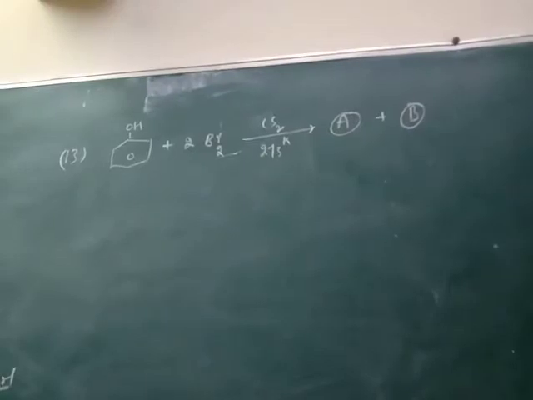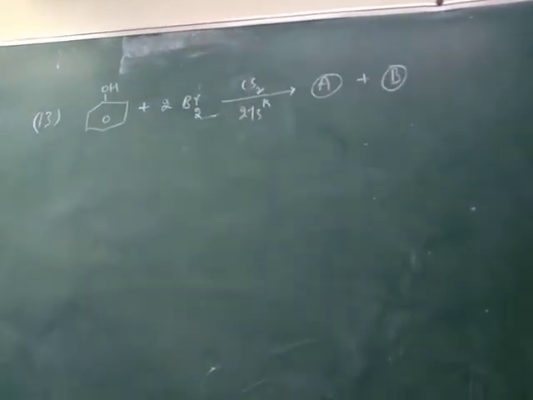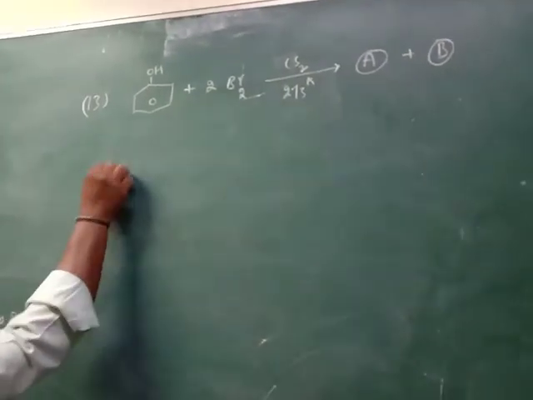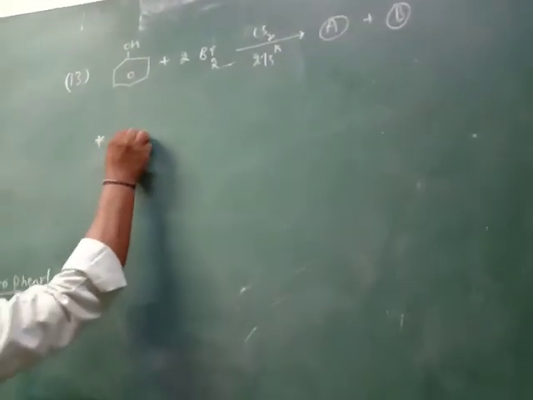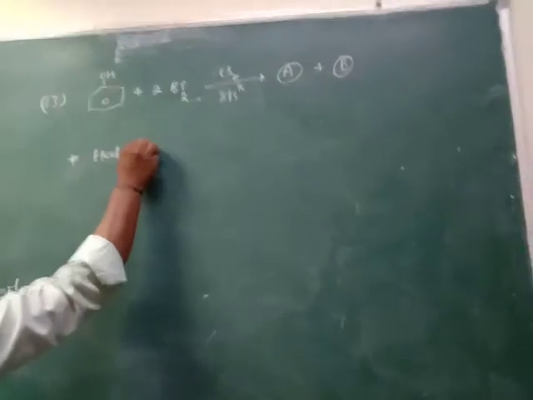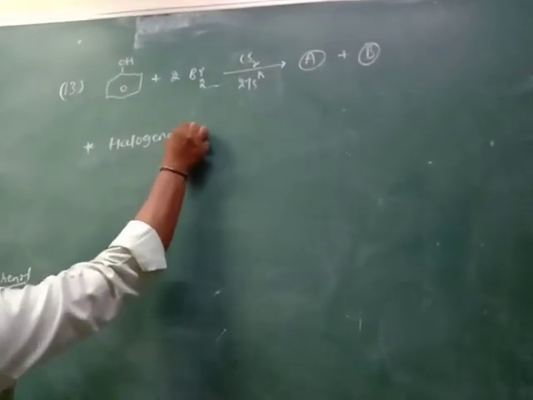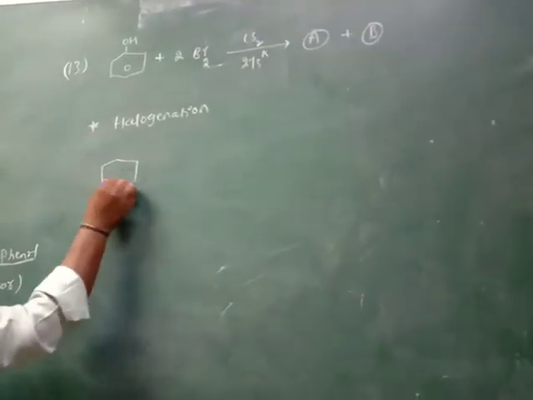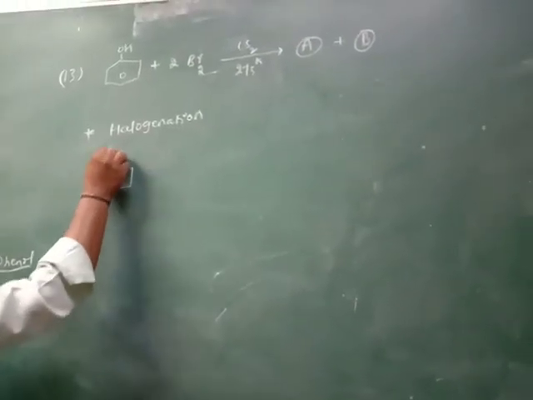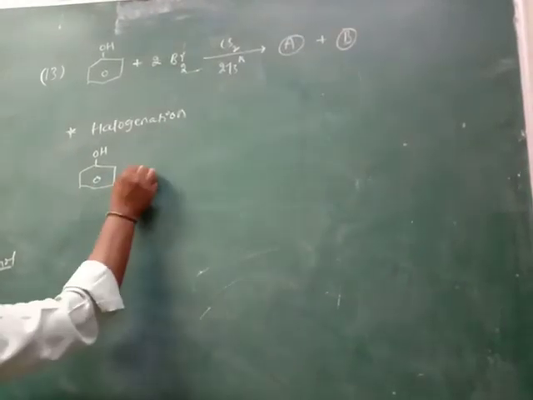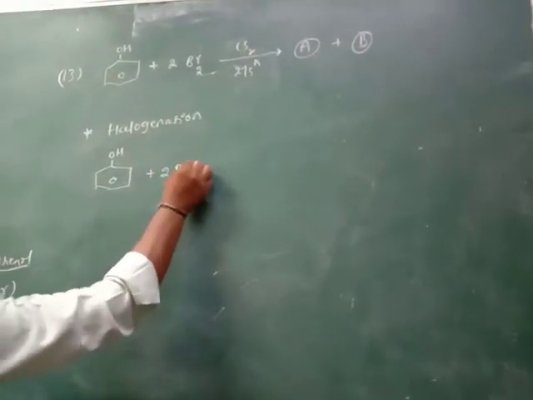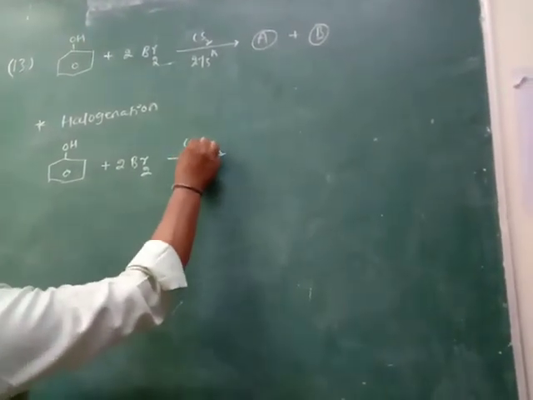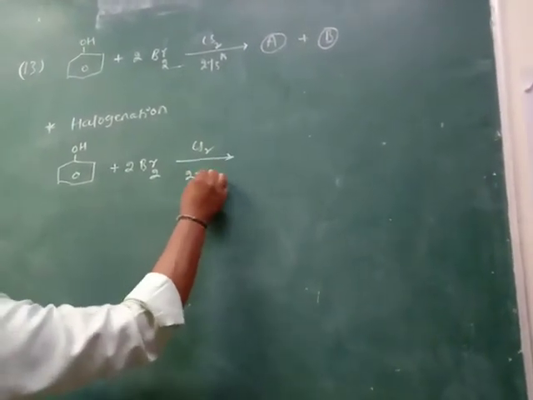Actually this reaction is a halogenation reaction. Phenol, C6H5OH, is reacted with 2 moles of Br2 in the presence of CS2 at 273 Kelvin.